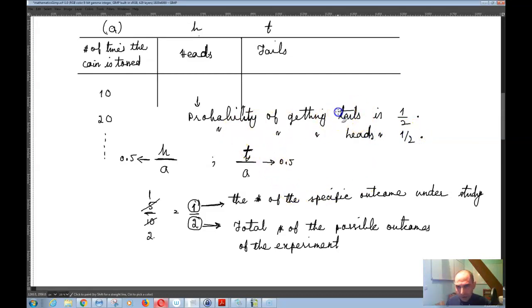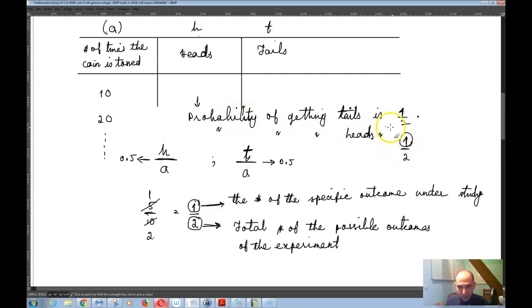The reason for that is that tails can be represented by only one possible outcome. So that's your 1. And heads can also be represented with only one possible outcome, which is this 1 over here.